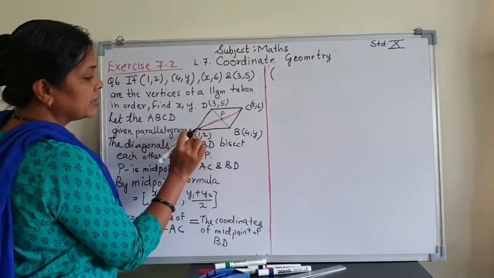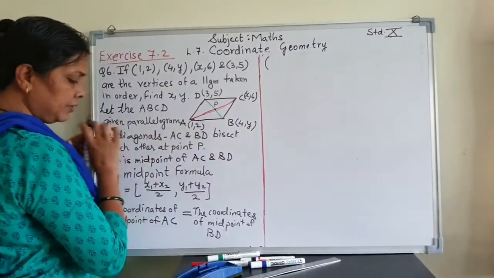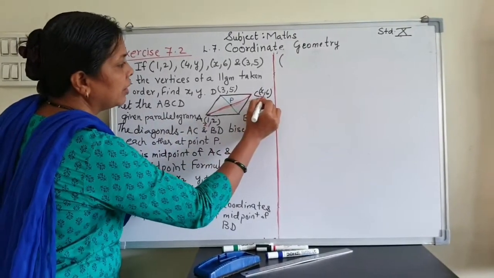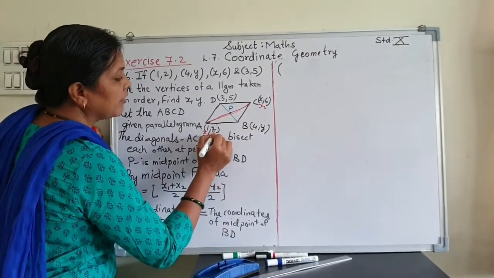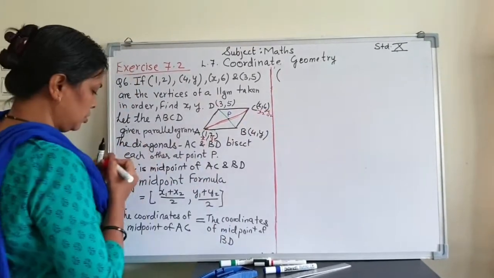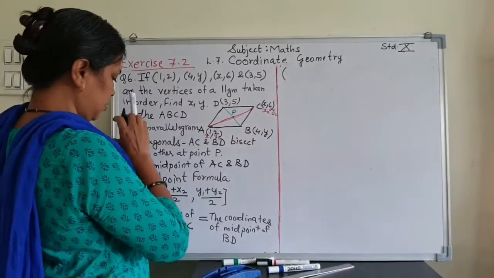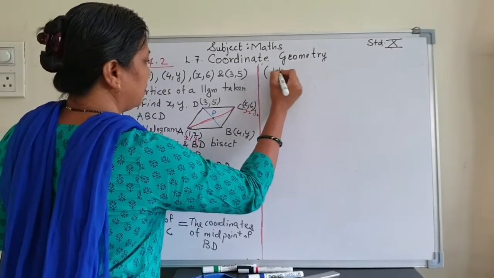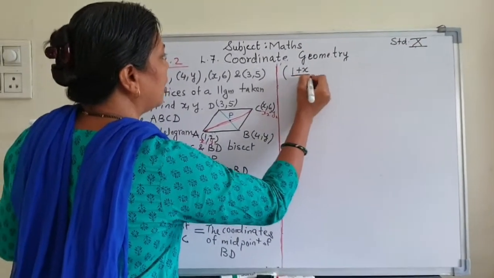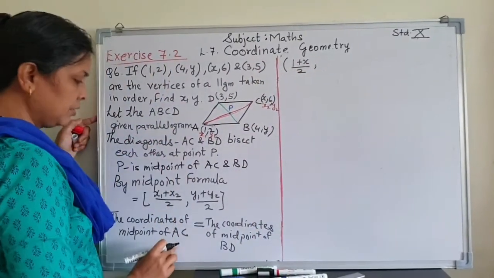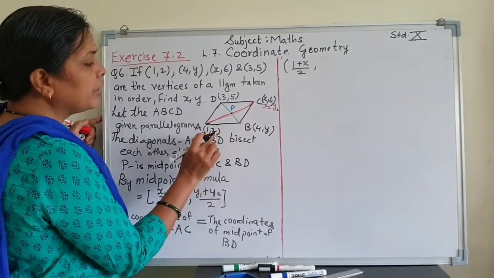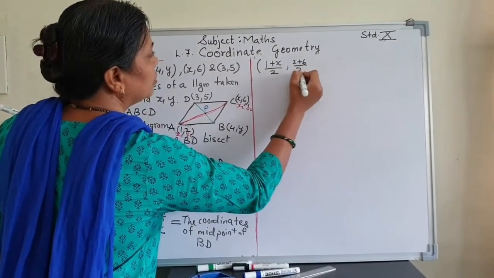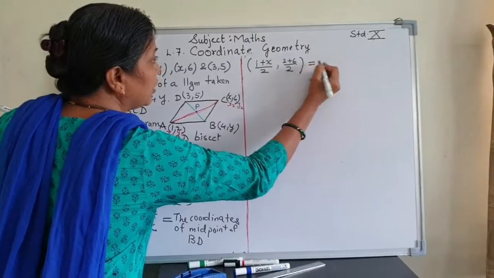Now A is x1, y1, and C is x2, y2. So here we have 1 plus x upon 2 as the x coordinate, and the y coordinate will be 2 plus 6 upon 2.